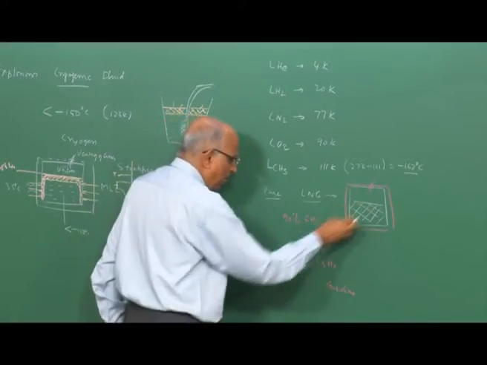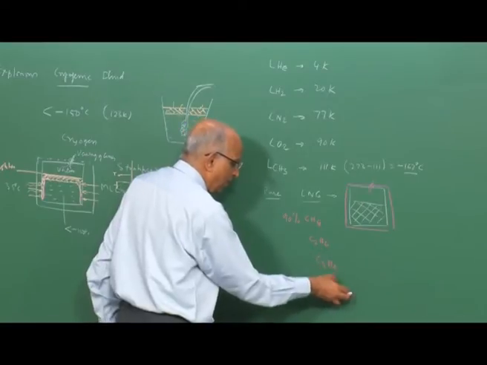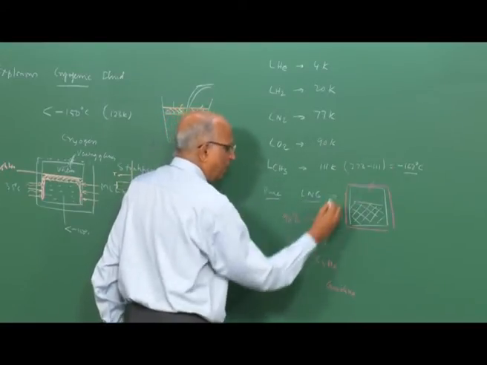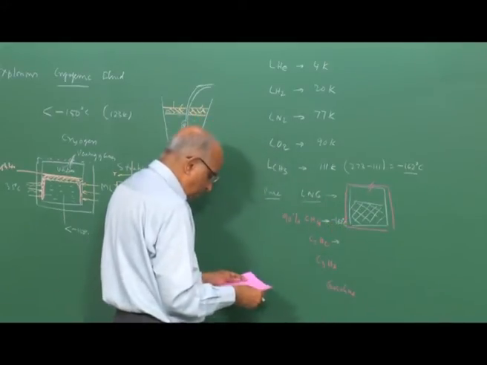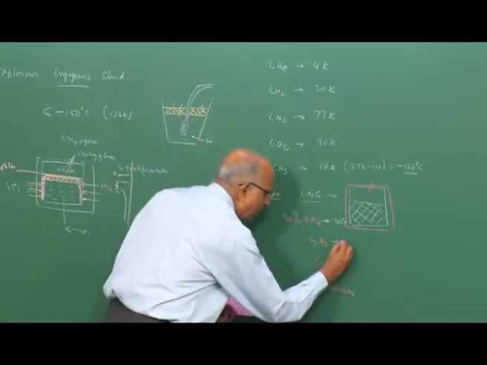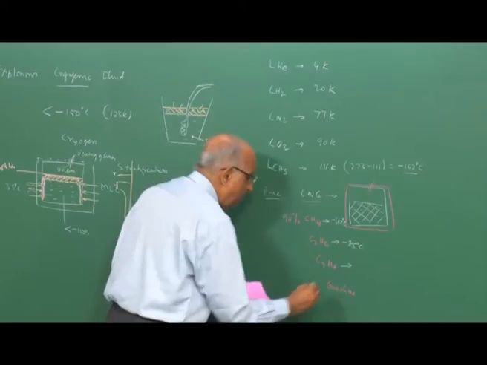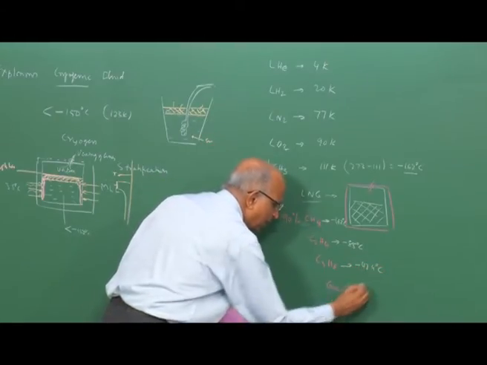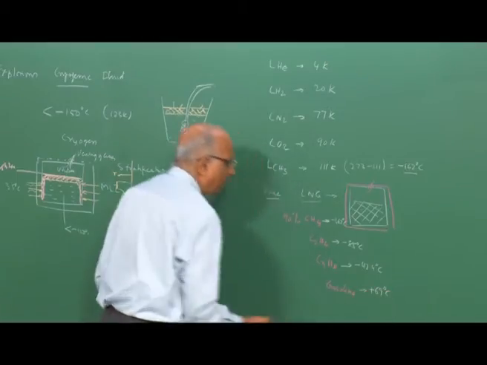At this temperature, the ethane contained over here is also a liquid, and propane is a liquid, but the boiling point of methane is minus 162 degrees centigrade. Of ethane, the boiling point is something like minus 85 degrees centigrade. For propane, it is minus 42.4 degrees centigrade, and for gasoline it is something like plus 69 degrees centigrade.